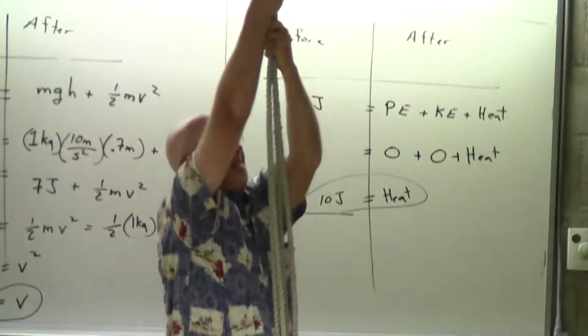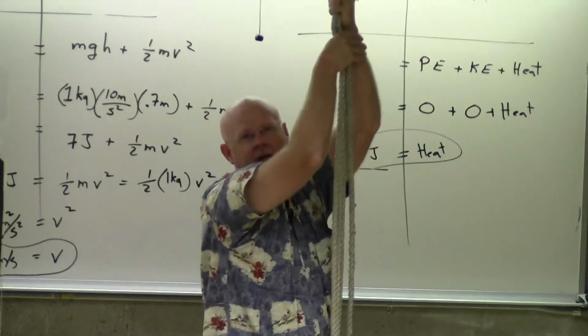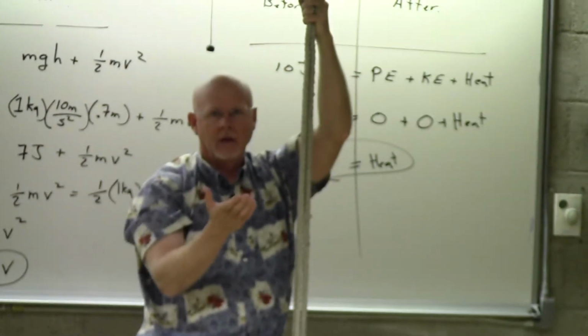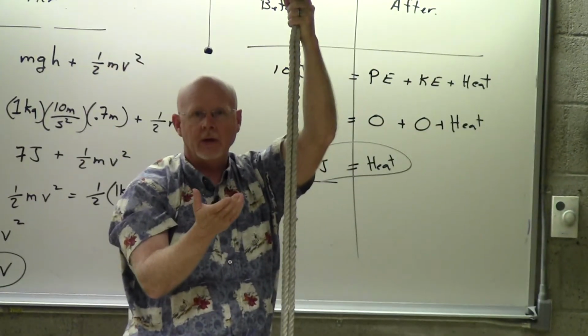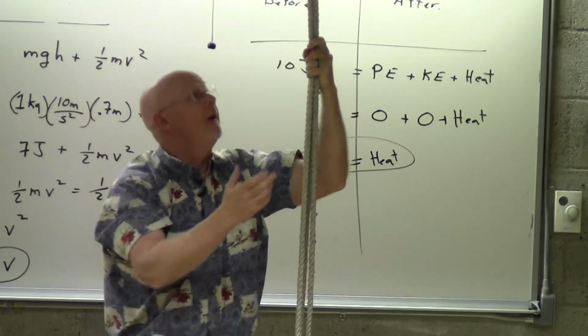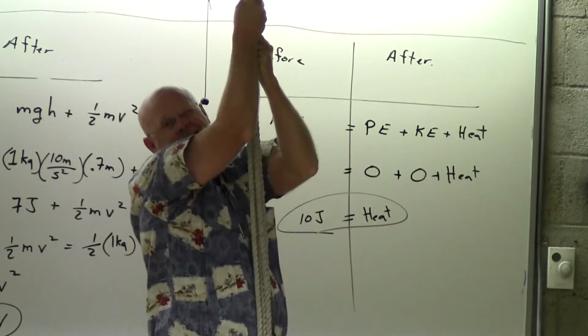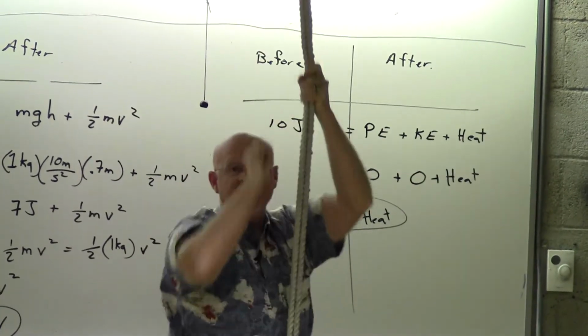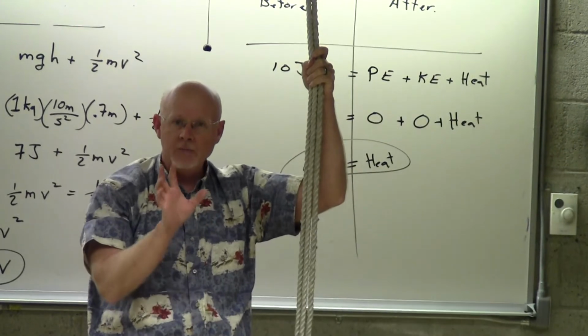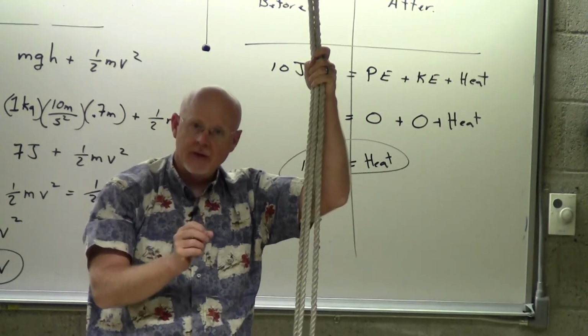All right, so here I go. I thought I had enough energy. I can't seem to do it. And what I want you to be careful with here is it's not that I don't have enough energy, I don't have enough force. Don't mix force and energy.